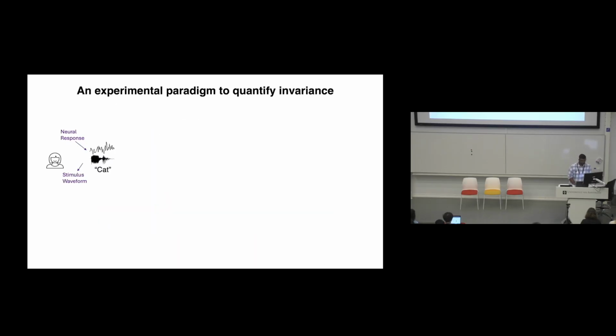Once we have this data, we need an experimental paradigm to quantify this notion of invariance. We start by presenting a stimulus, say the word cat, spoken by a speaker, and we record their neural response to it. Now, we present the same stimulus, but by a different speaker, and we record their neural response.